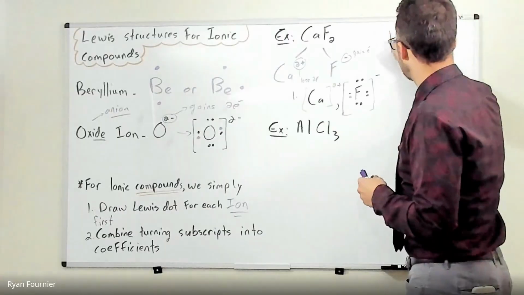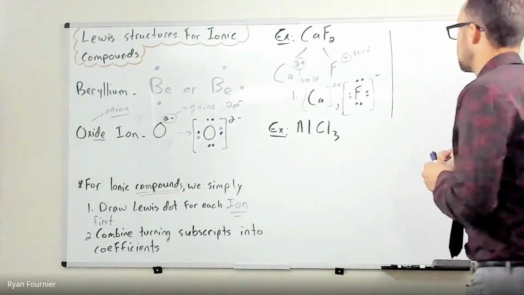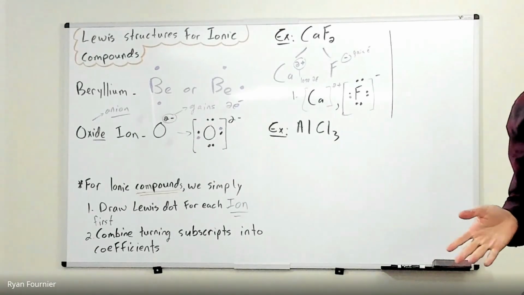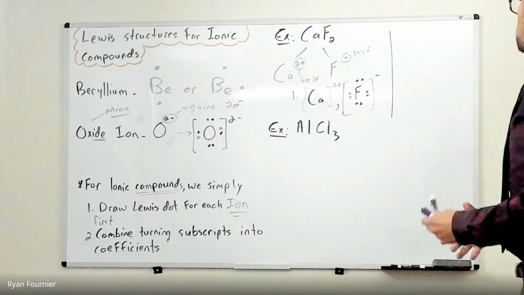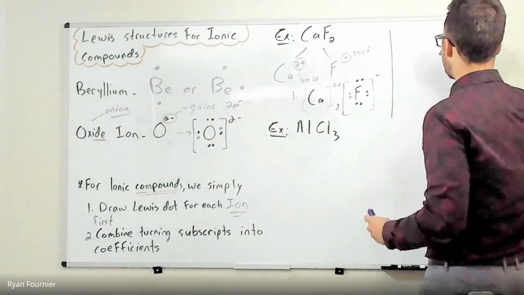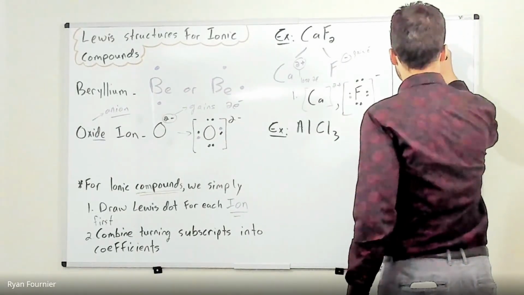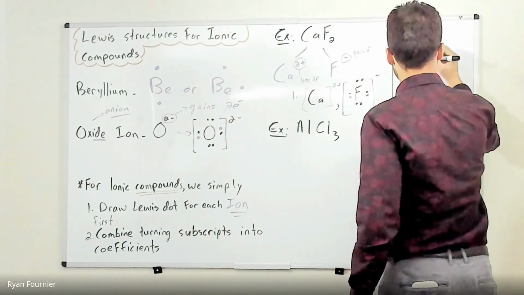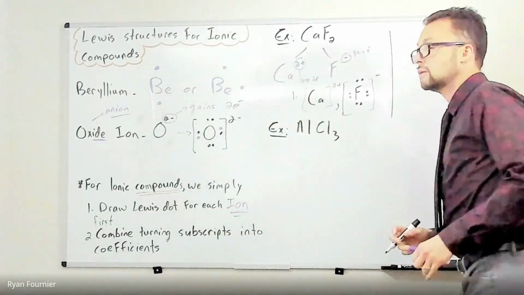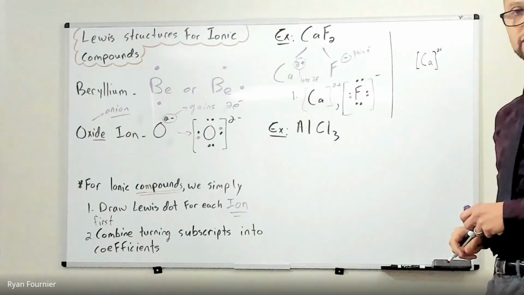Now to combine them, which I'll do over here, you could do it in 2 ways. Both ways are fine. So the first way that I could do this is I could write the cation in the middle. So I would go Ca2 plus, okay?